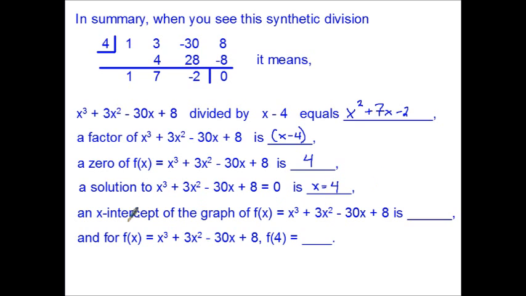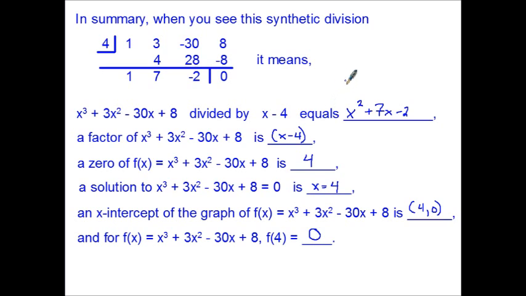An x-intercept of the graph, again, if a 0 is 4, that implies the point (4, 0), so there we go. And for f of x equals this, f of 4, well, I kind of just already said it, but that equals 0. So, depending on the context of the problem you're doing and the question being asked, this is the exact same work to answer any one of those questions, basically.